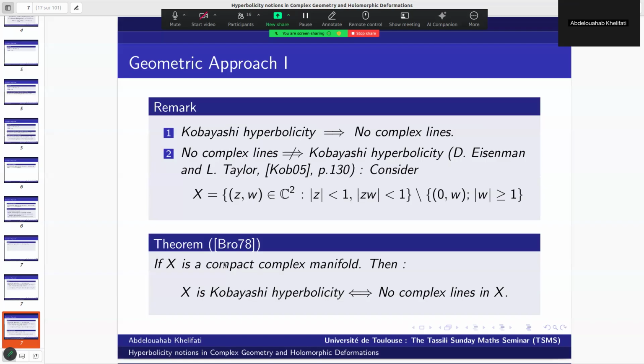From now on, I will speak in the compact setting. So for me, Kobayashi hyperbolicity, you can forget about the pseudo distance thing. From now on, we can see this as the non-existence of complex lines in X.